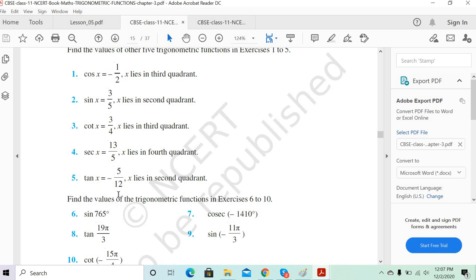Yes, sir. You divide 765 by 180 degree, and you get the quotient and the remainder. So how much is the quotient, how much is the remainder? First find that out. Then I'll tell you.